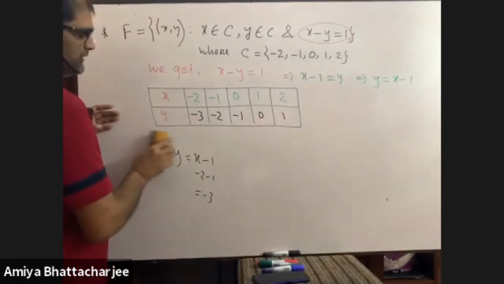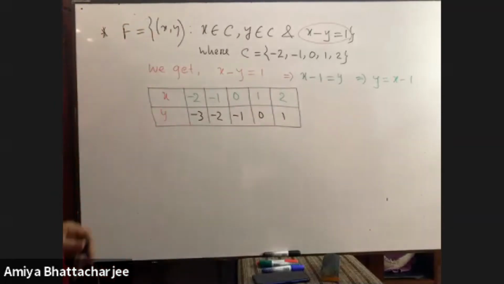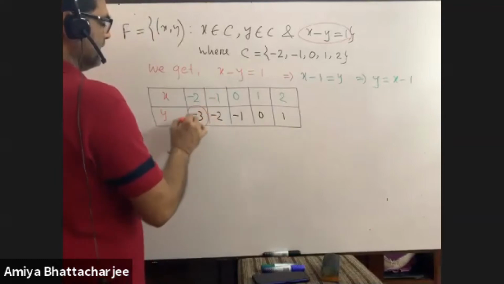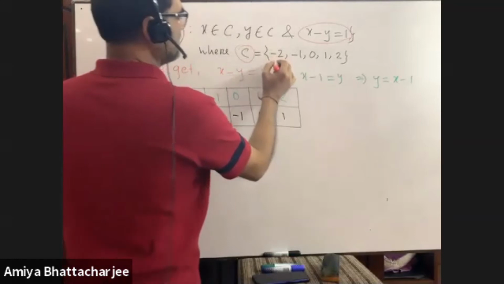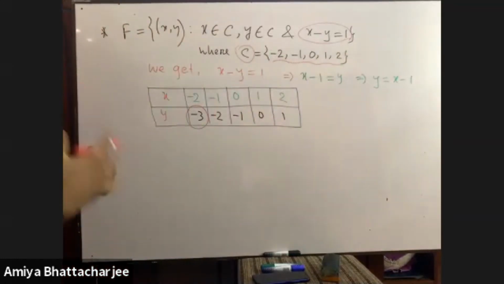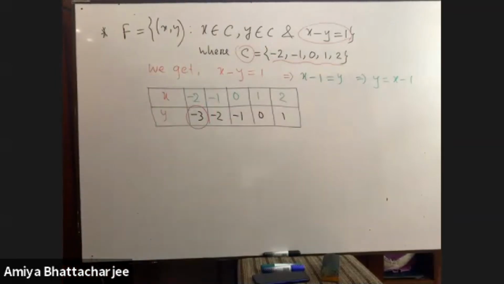Now you see, please. We don't have this -3 in C. Do we have it? No, we don't have -3. Please try to understand and go with me. So then what should be written here?